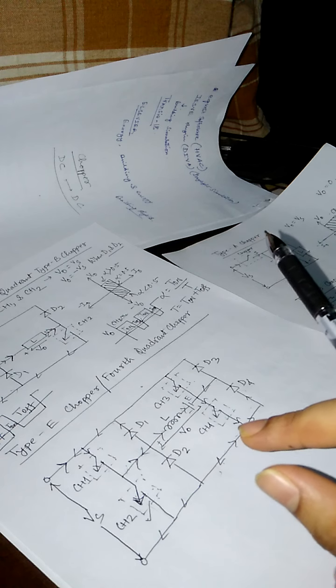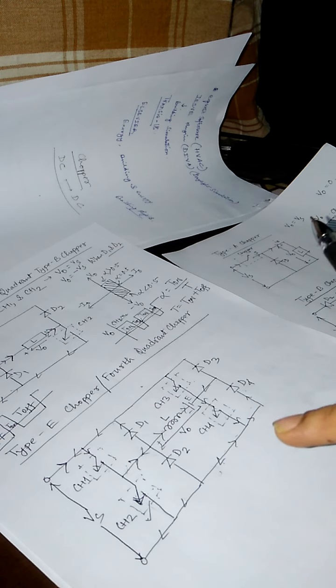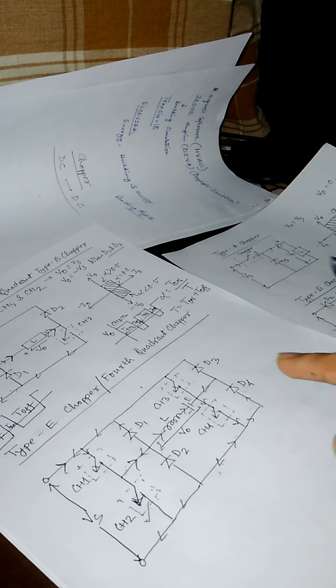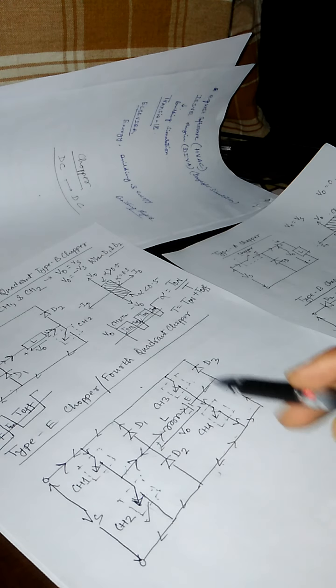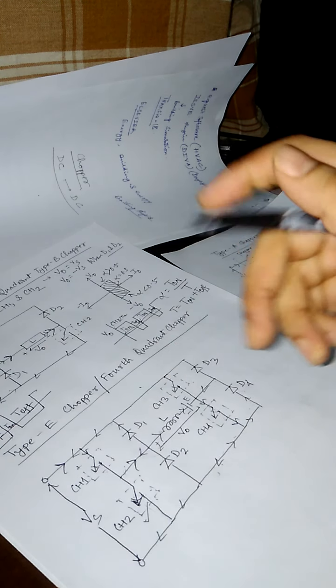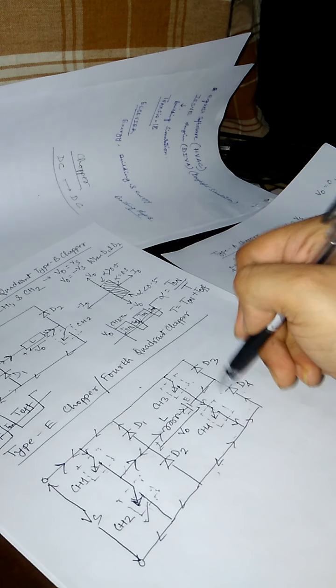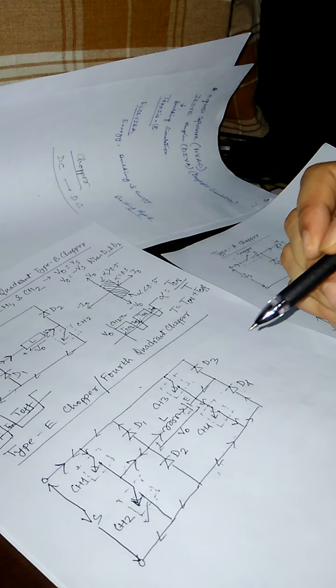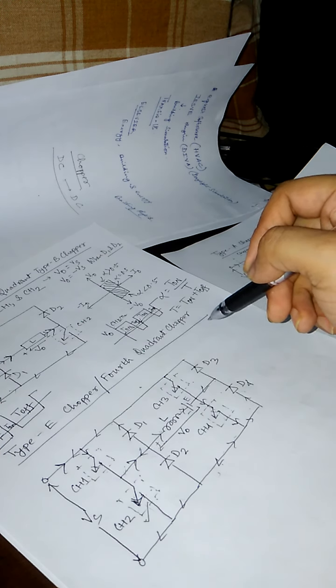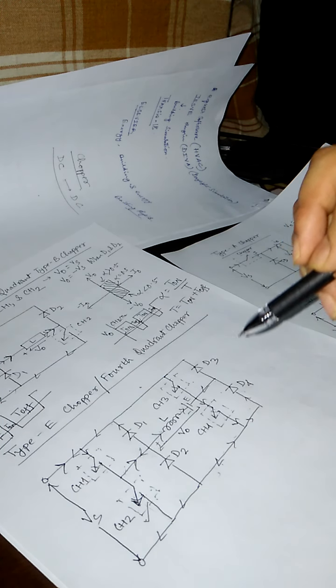So when the polarity is reversed, we can say that is third quadrant operation. Here V0 and I0 are obviously in negative directions, that means in reverse direction compared to the other quadrants. So V0 and I0 are negative, so this is called third quadrant operation of type E chopper.